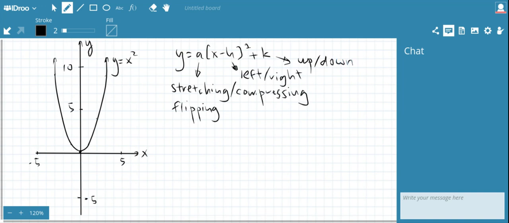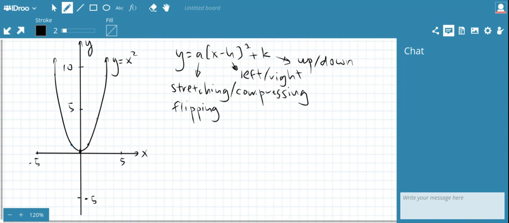Okay, so here's my parent function, y equals x squared. I already drew it. You can see that I have labeled the equation, the axes, x and y, and I've also labeled at very even intervals, so all the fives: 5, 10, 15, 20, I would keep going. This parent function has some points on it, like 0, 0, because 0 squared is 0. 1, 1, because 1 squared is 1.